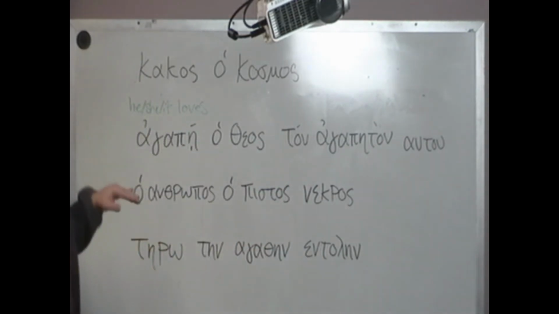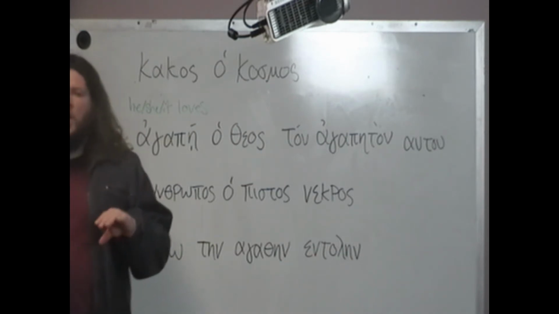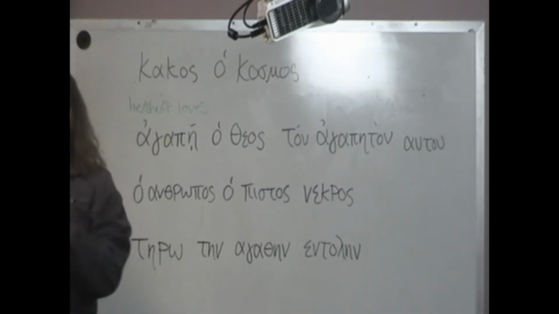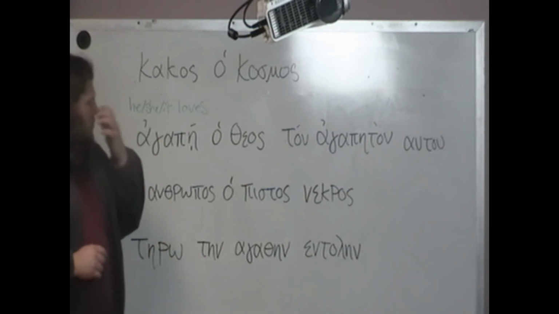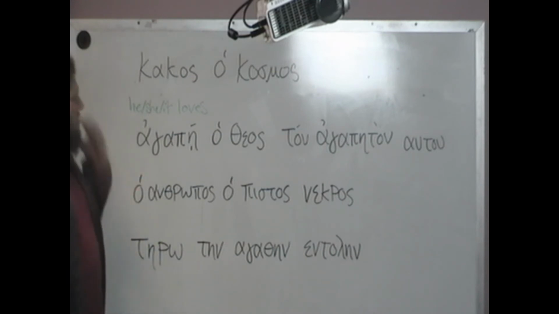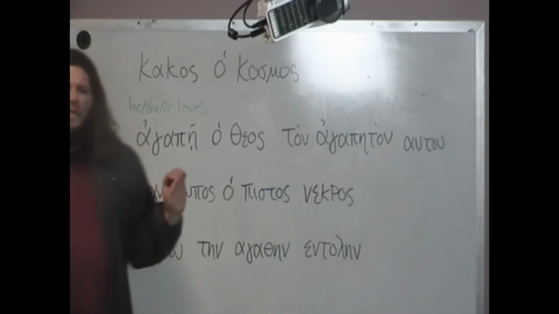Because you wouldn't say, God loves the his beloved. The word his kind of lets you know that it's definite. You don't really need the article there in the translation. So, God loves his beloved.